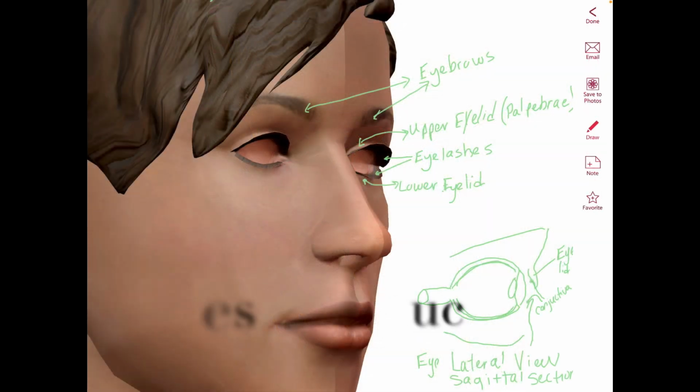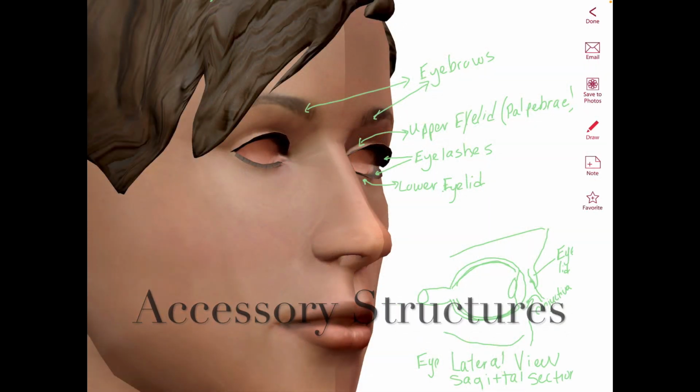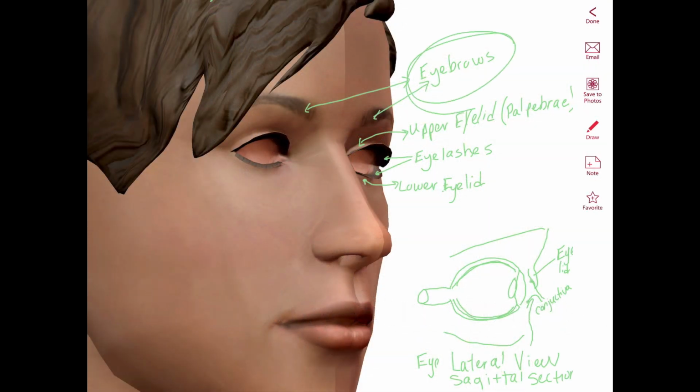Some of the accessory structures of the eye include the eyebrows, a fringe of hair superior to the orbit, which acts as a partial filter. There's also the palpebra, which are the eyelids. So we have an upper eyelid and a lower eyelid. And these eyelids each are composed of an outer layer of skin and inner layer of mucous membrane. There's also the eyelashes.